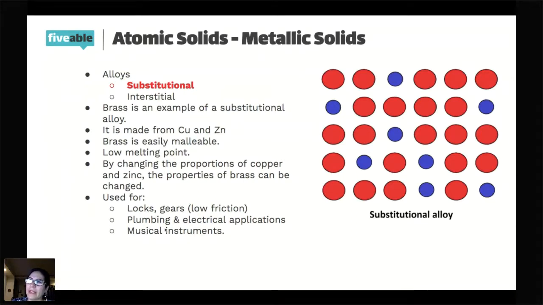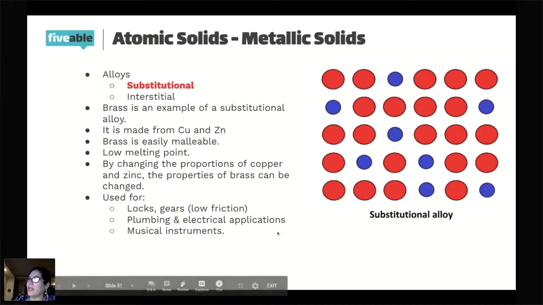And the reason is because we want less electric conductivity. We don't want to be playing an instrument and having static electricity in it. We don't want to have a lot of electricity flow in the plumbing. So that's why brass is a good choice.